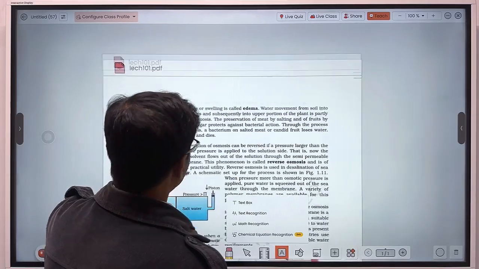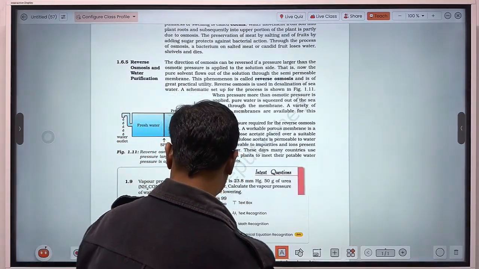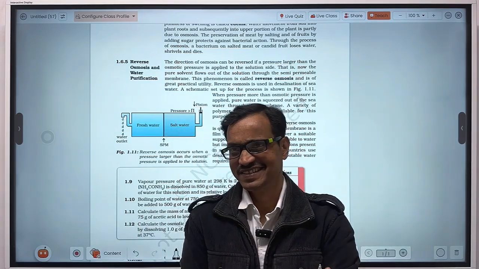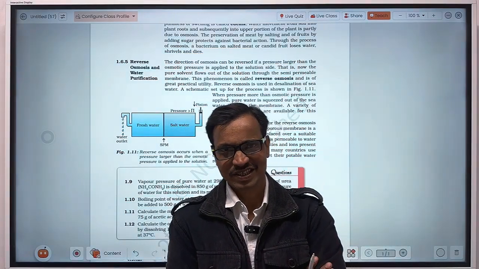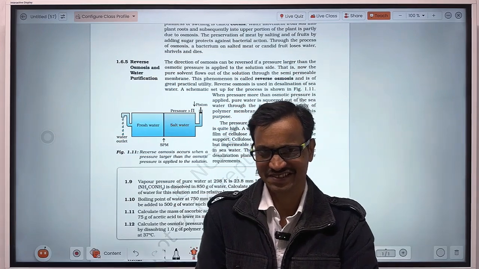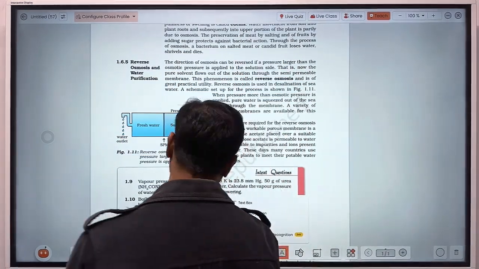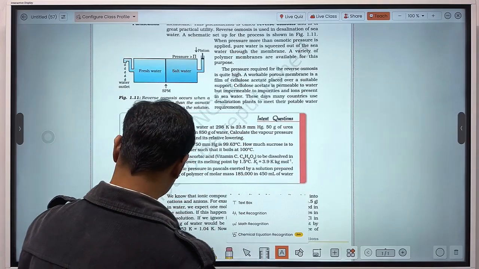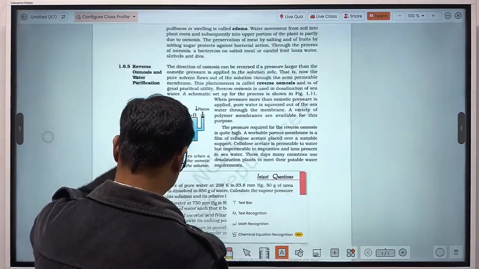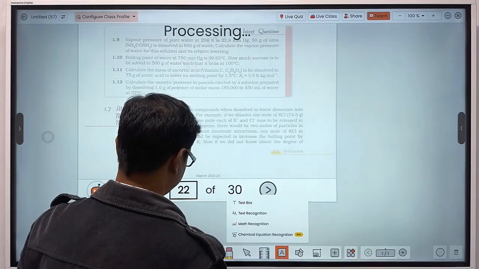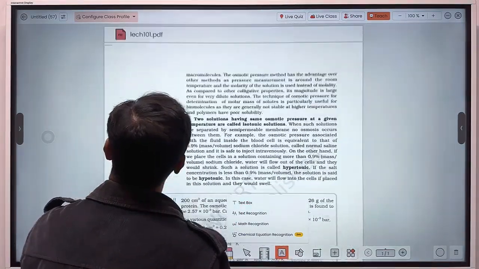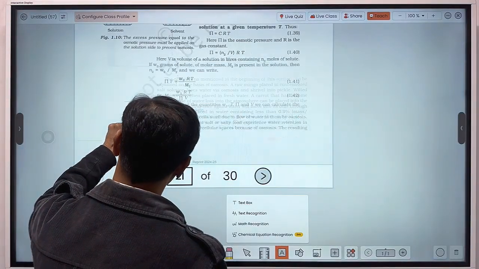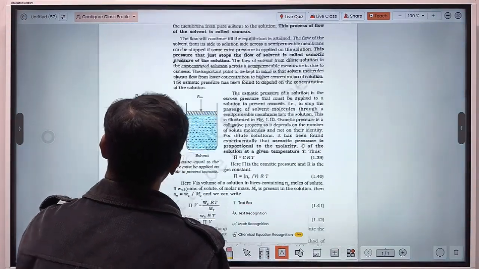Now, the next very important topic is reverse osmosis. This reverse osmosis is frequently asked in the board examination for 2 marks, and it is very easy. Just go to the previous diagram here.